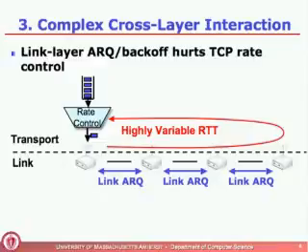Okay, the third fundamental problem with wireless transport is the complex cross-layer interaction that it introduces. I'll show you many examples of such cross-layer interaction through this talk, but the simplest example is that of TCP rate control with the variability in round-trip time introduced because of link-layer ARQ. Every time a packet transmission fails, you're going to again sense carrier, back off, and try again. And you will keep backing off exponentially.